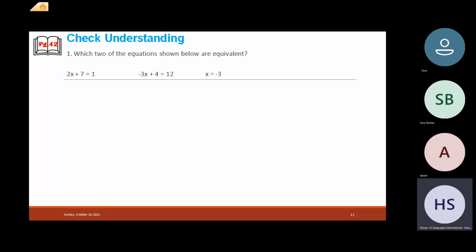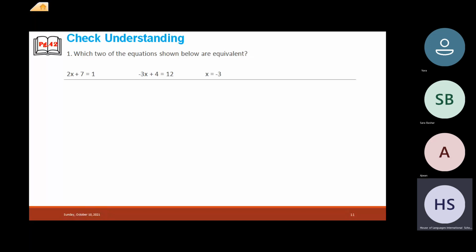I go to the check understanding. I solve one question, then I will go back. Now here we have two equations. I want to check which two of them are equivalent. Now look at the first one.